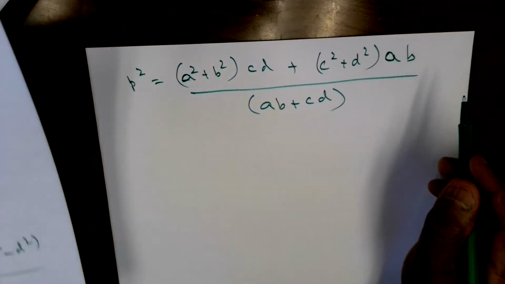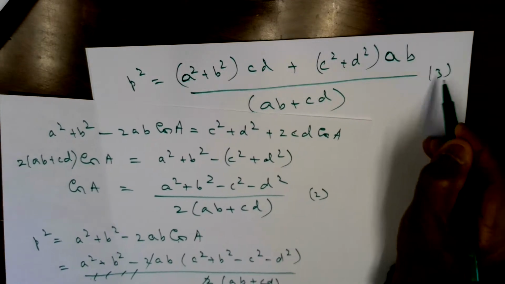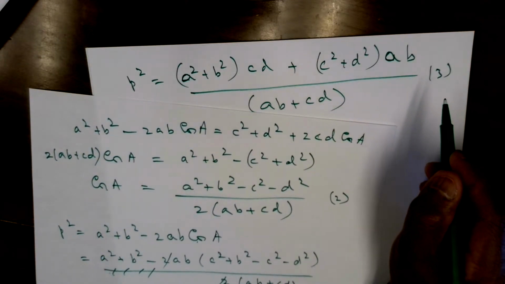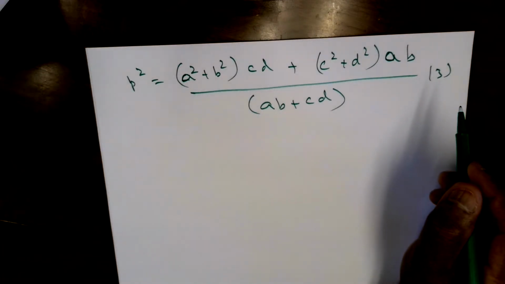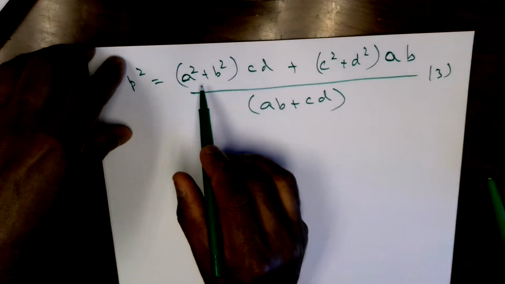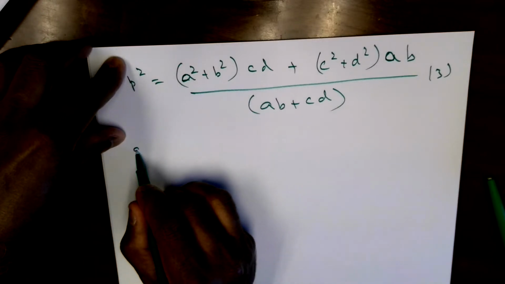So this is for P squared. Let's look at the numerator of this P squared. I think we can simplify that.